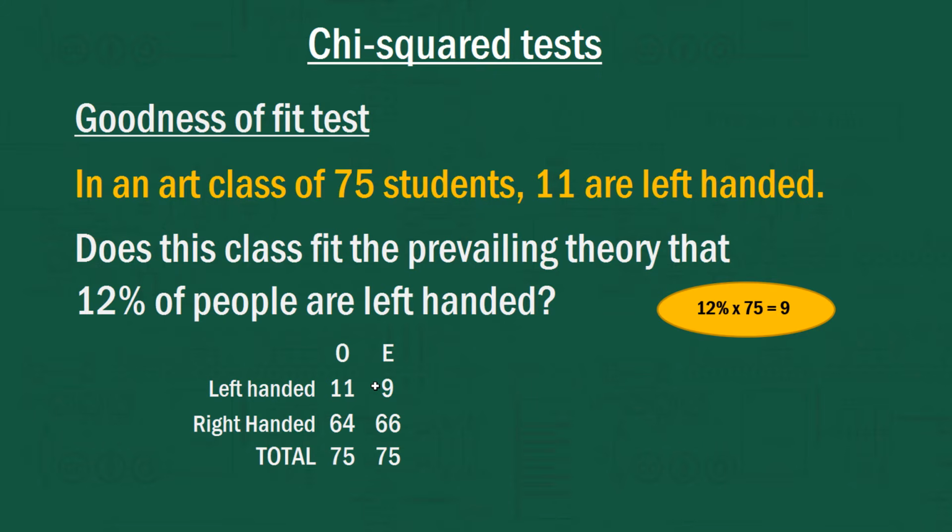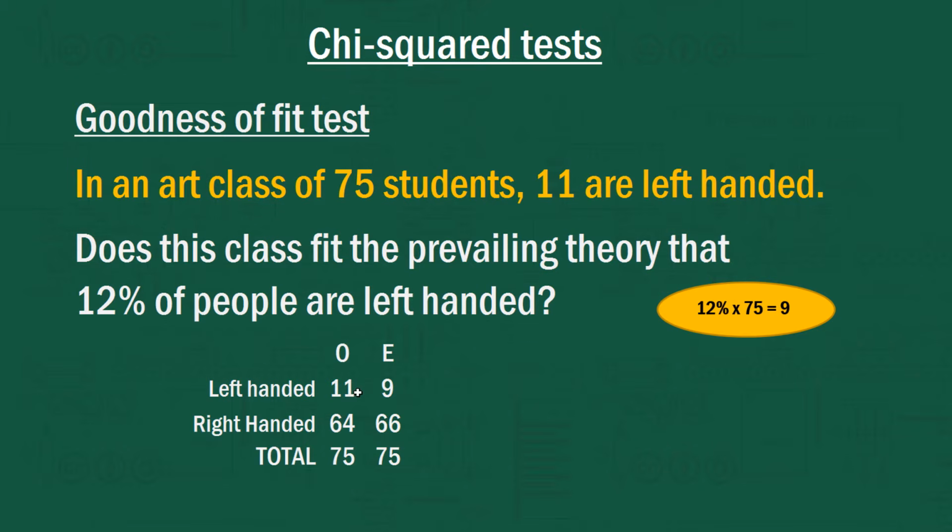But what we can do is we can construct for ourselves a table that might look a bit like this. Left-handed, right-handed, we've got 11 and 64 in the observed column. That's what that O stands for, observed, with a total of 75. And we can compare that to our expected number of left-handed and right-handed people in the sample, which is 9 and 66 respectively.